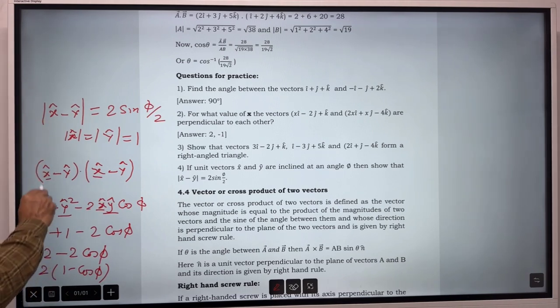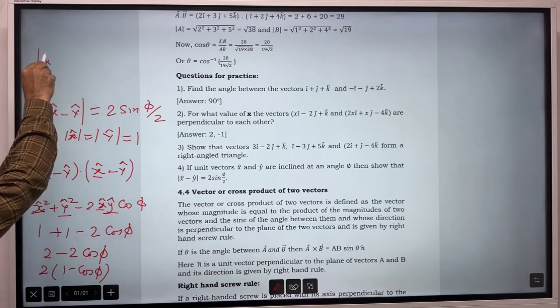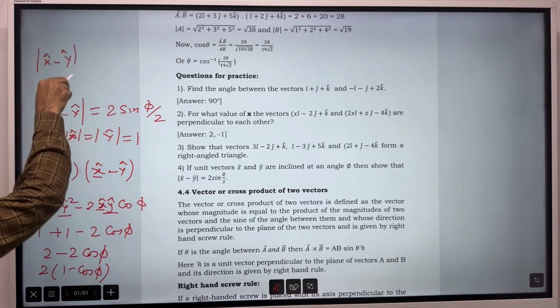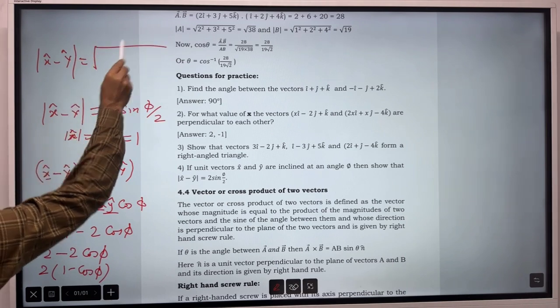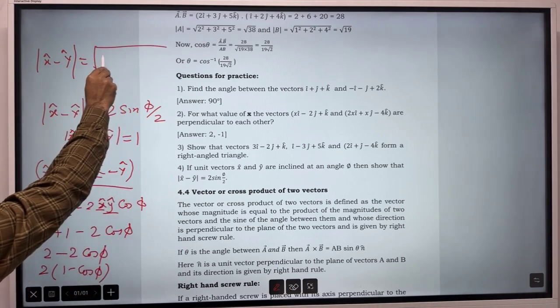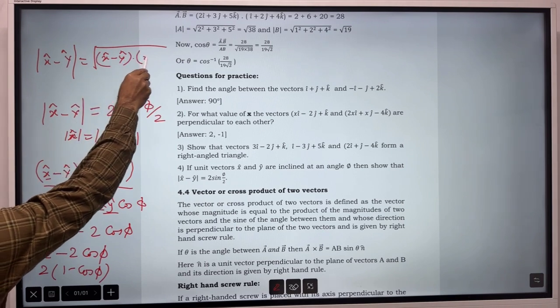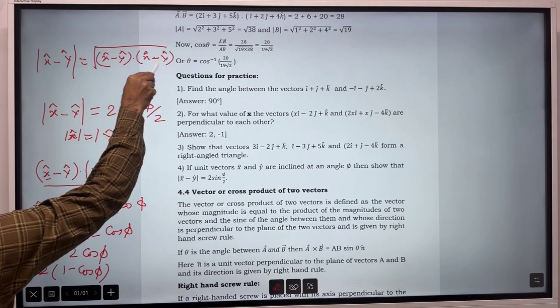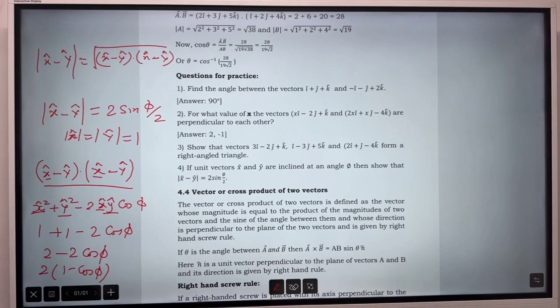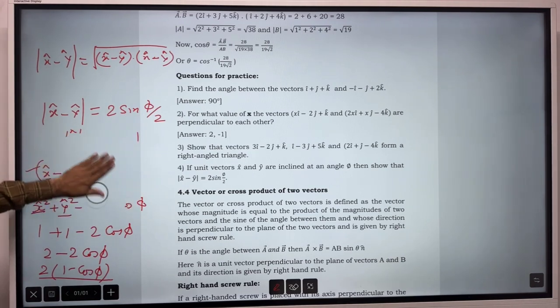So we can write this as modulus of x cap minus y cap, which is the same as the square root of x cap minus y cap dot x cap minus y cap. Now up to here I think everything is clear. So this term, because we have evaluated this and reached till here, we can write this term here. So what will it become?